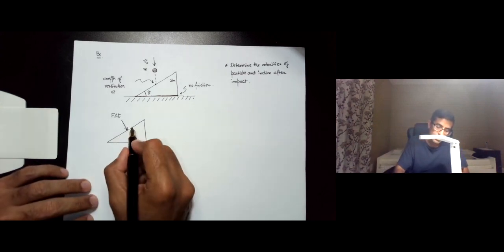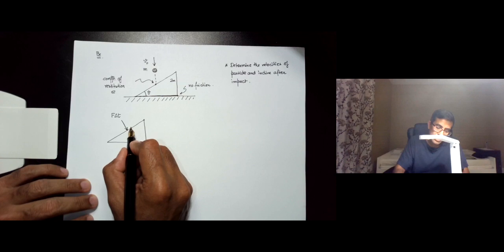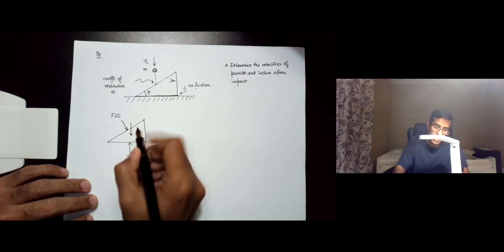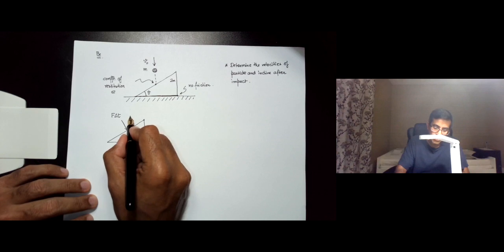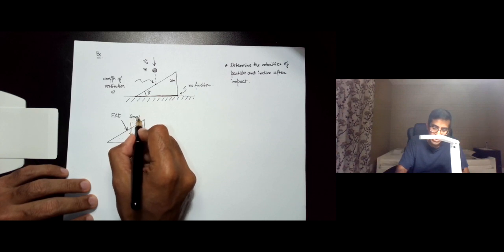And if we do so, then it makes sense to also include the impulse due to gravitational force. So it will have a 2mg and a delta t.